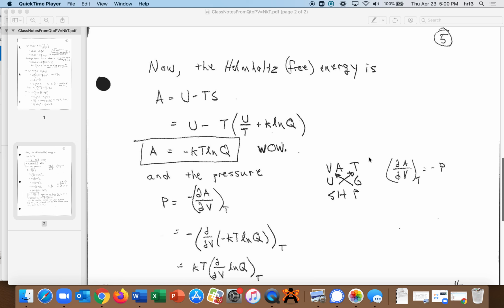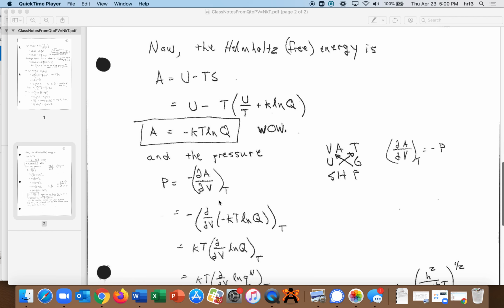This is really more of a thermodynamics thing, but it is a pretty cool mnemonic, and if you'd like to know more, I can send you a reference on that. But dA/dV at constant T gives you, going against the arrow, negative P. So P then is equal to negative dA/dV at constant T.